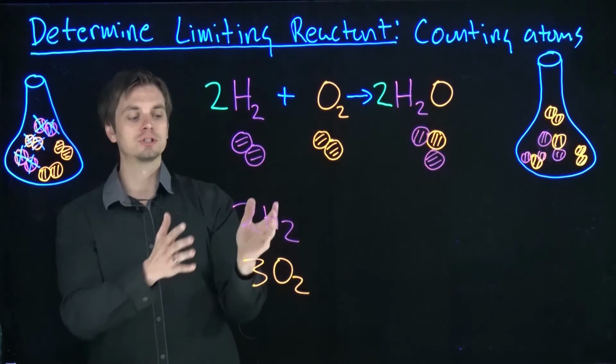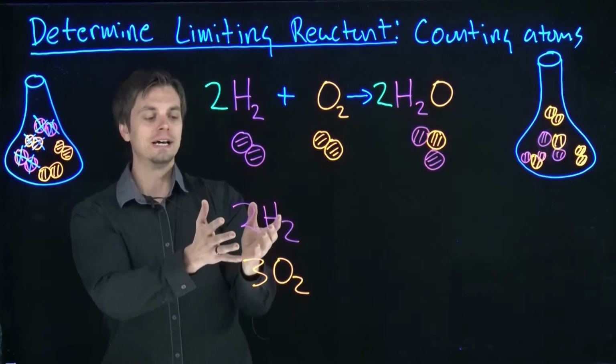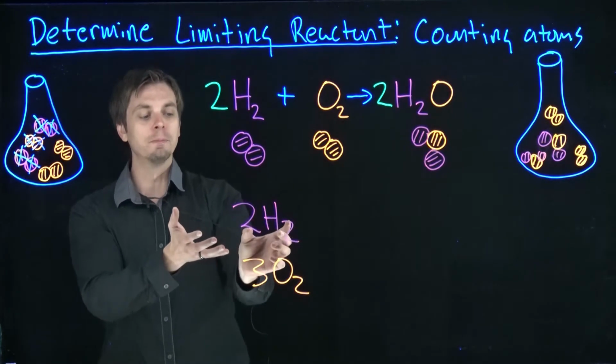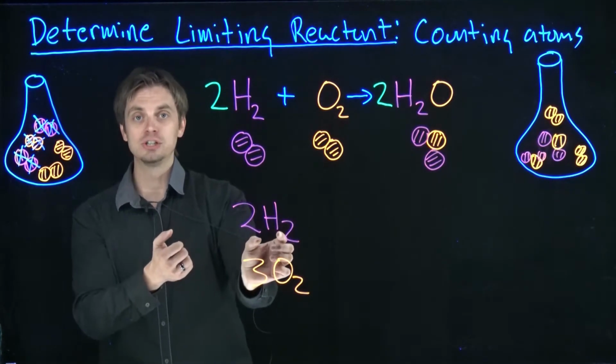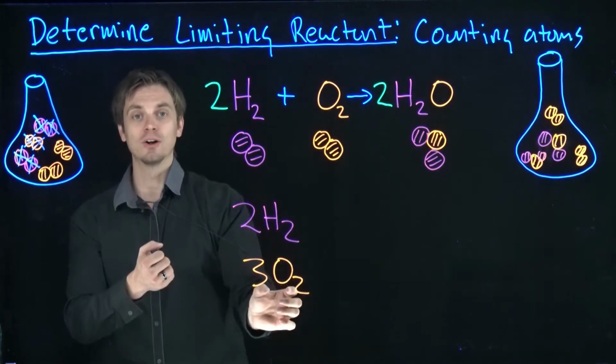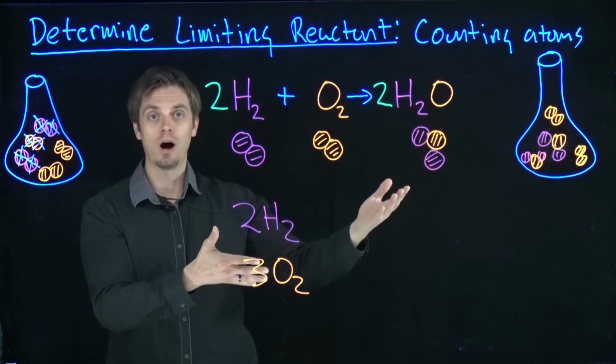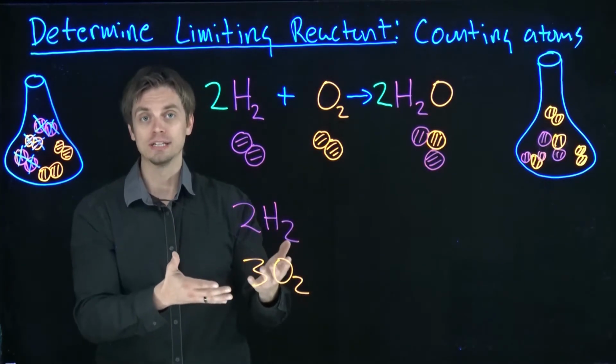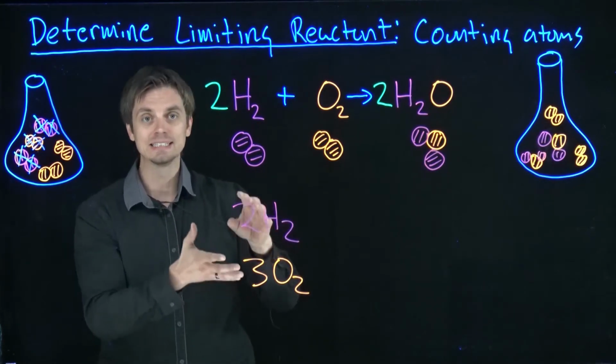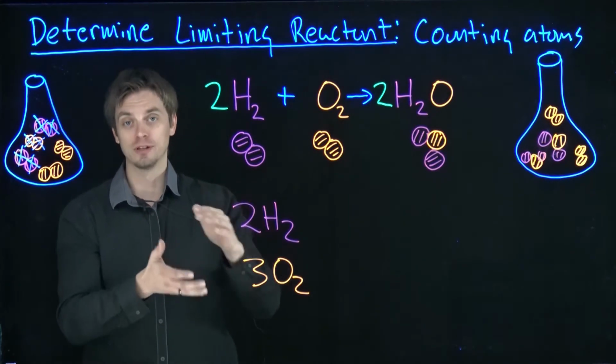And then we're going to solve the hypothetical problem that essentially amounts to completely reacting all of the H2, then completely reacting all of the O2, figuring out which one creates the least amount of water, and that will give you your answer. The one that creates the least amount of product will be our limiting reactant.